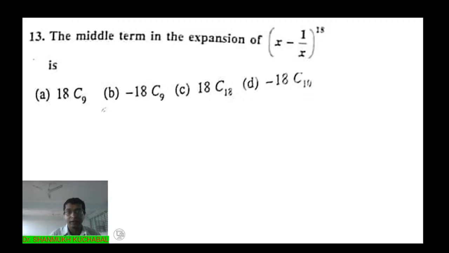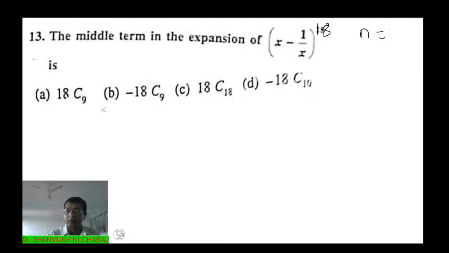The middle term in the expansion of (x minus 1 upon x) raised to 18. So here the power is 18, you have to calculate. So the steps involved in this: here we will write the value of n.